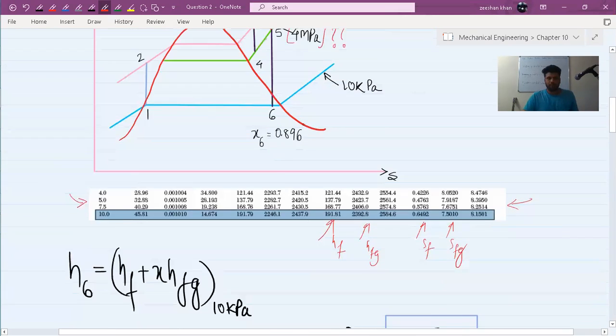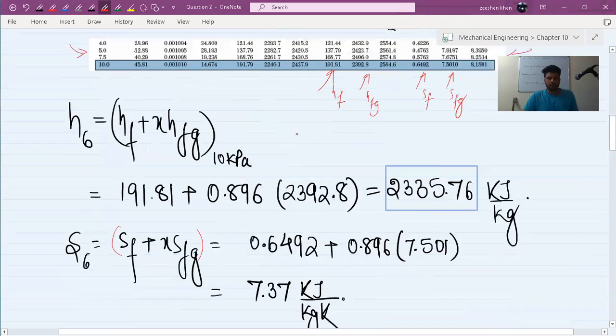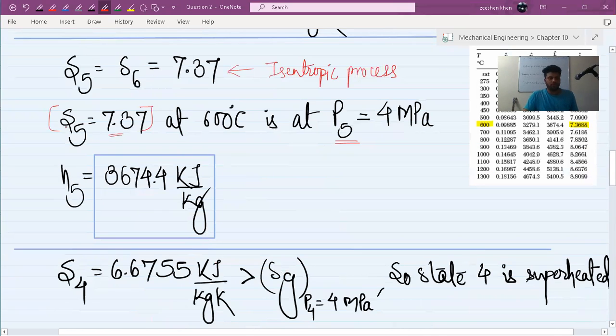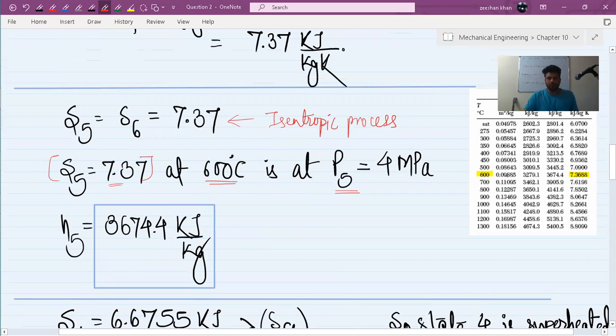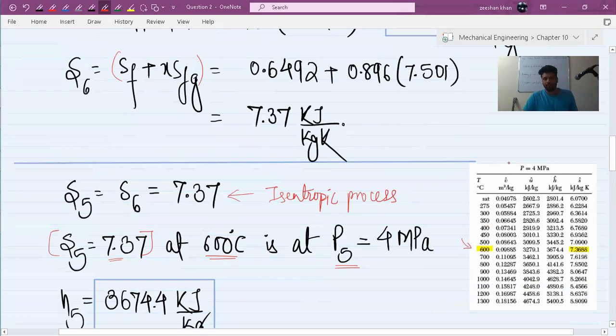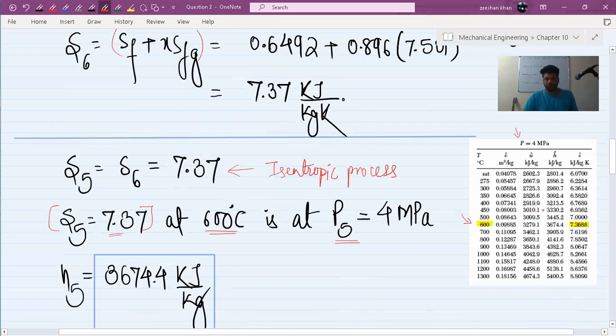The pressure can be found out by knowing that the entropy at that temperature is equal to 7.37. So you need to look into your table of superheated state at some pressure, which, by just looking at the table, observing it, comes out to be close to 4 megapascals.